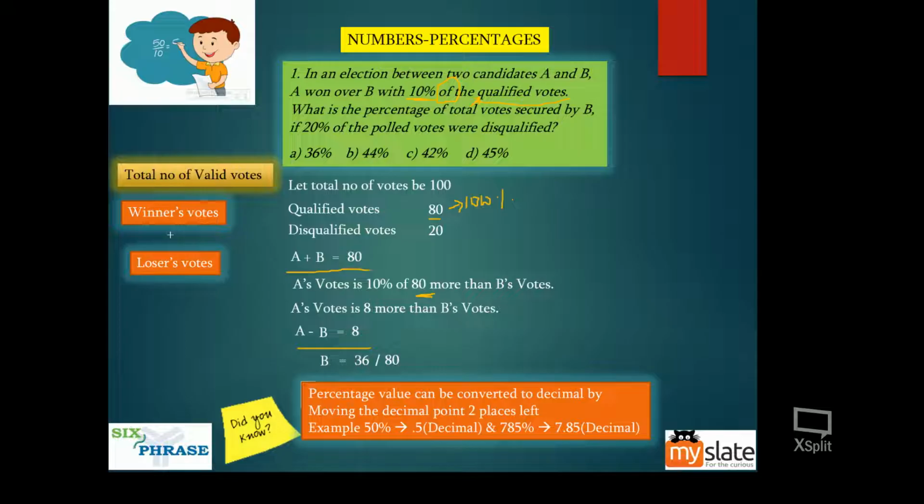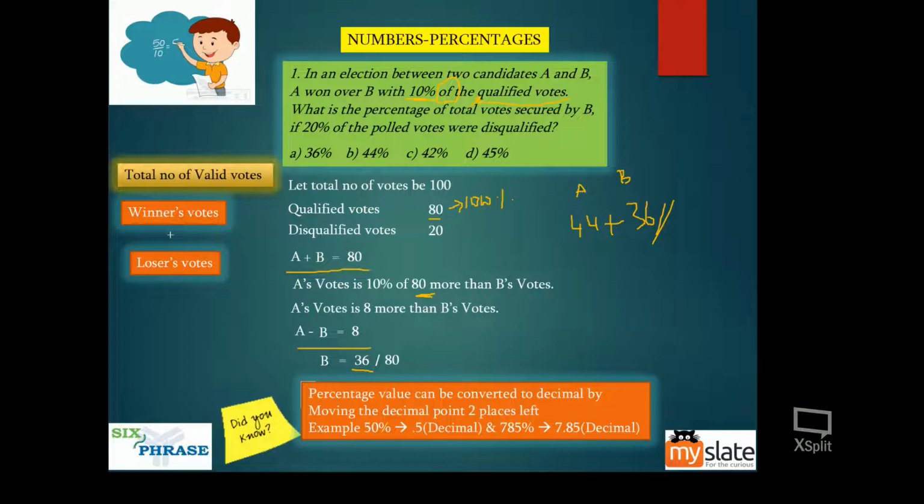So essentially it is 80: you do 36 plus 44. You solve this equation, you will get the answer to be 36. But essentially it is 44 and 36. Now 44 plus 36 is 80. So this is A's votes, this is B's votes, right? So this is B's votes, guys: 36.